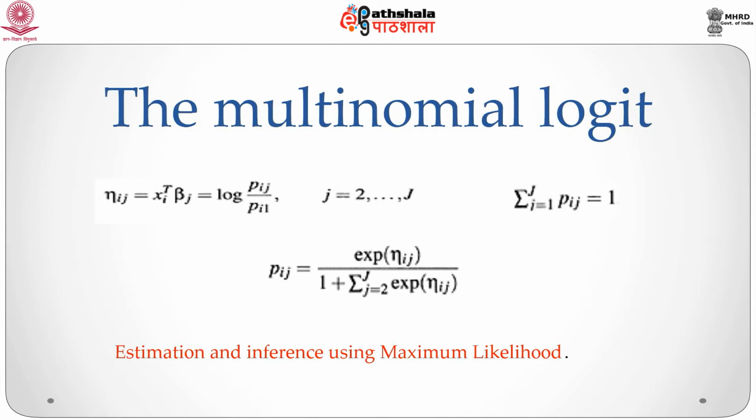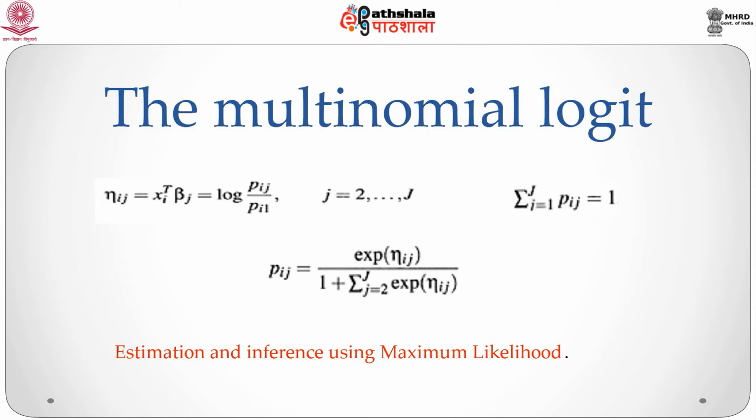The multinomial logit model. So when we define the concept of regression, the problem is to relate the outcomes to the covariates. To this extent, we assume that for each individual, we have not only measured observations on capital J dummy variables, yi1 to yiJ, but along with that, a set of covariates which can be summarized in a p-vector xi, and our purpose is to relate the outcomes to the covariates.